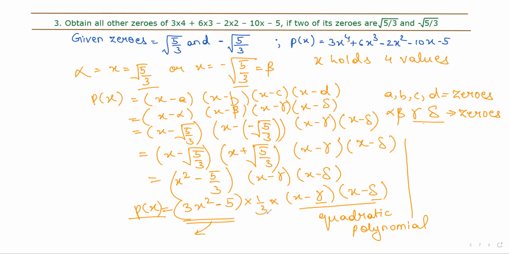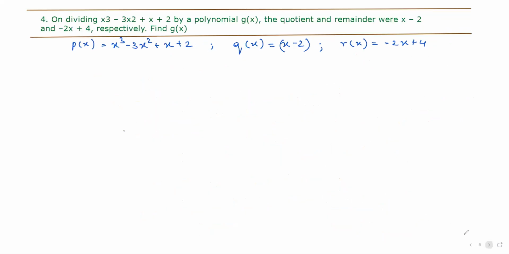So you can take this on the left hand side, the multiplication gets converted into division. So you have 3x square minus 5 taken in the denominator. So your p of x divided by 3x square minus 5 is equals to x minus gamma, x minus delta into 1 by 3. This 1 by 3 has no role to play in it.